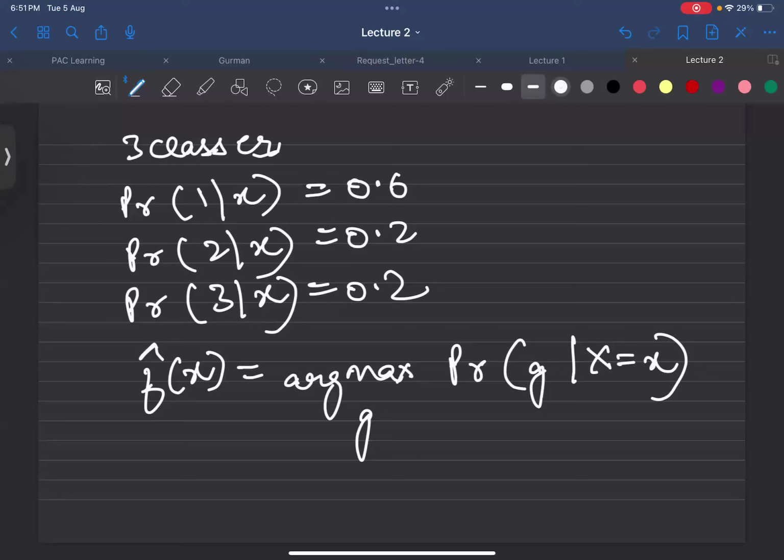The maximum probability value is what we consider to find the predicted output. Yes, exactly.